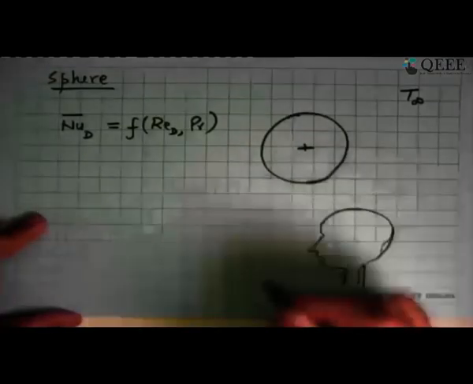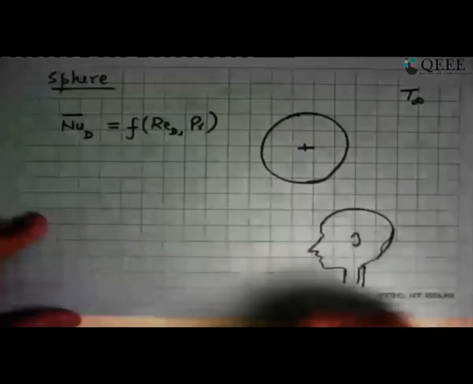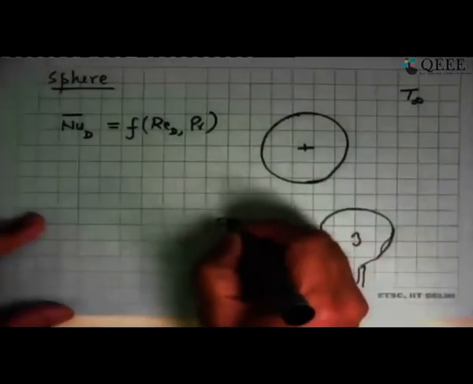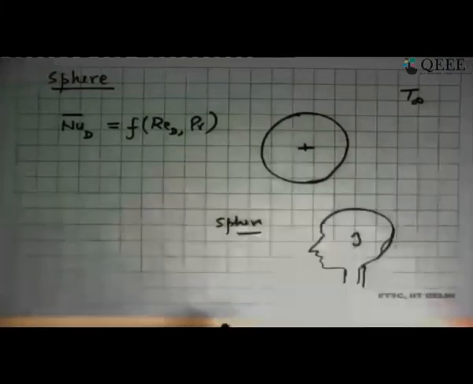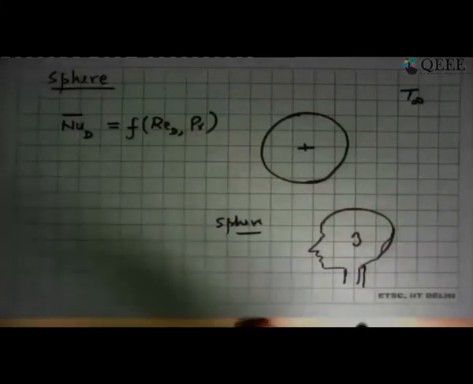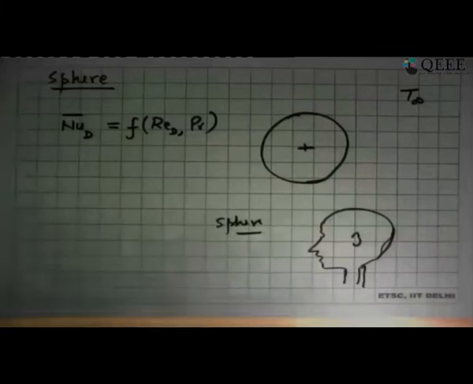So even though this is a very complex shape with an ear sticking out there and a nose and a lip and everything else, as a first approximation, we can take this to be a sphere and get some idea what happens there. So in general, if you have some sort of irregular object, a quick order of magnitude analysis, assuming a sphere, is okay. Okay, so that is for sphere.